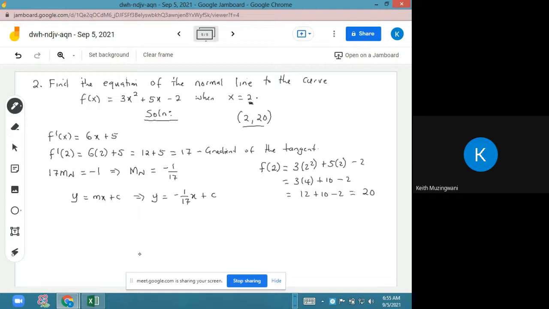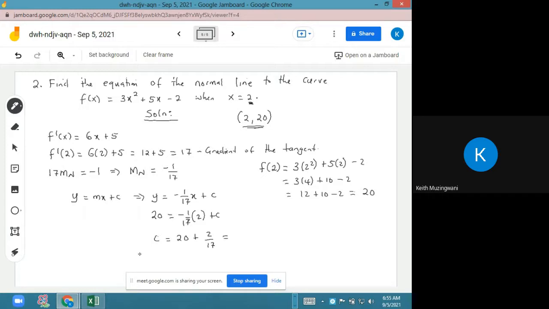So we use this point now to find c. So when y is 20, x is 2, implying that c is equal to 20 plus 2/17.